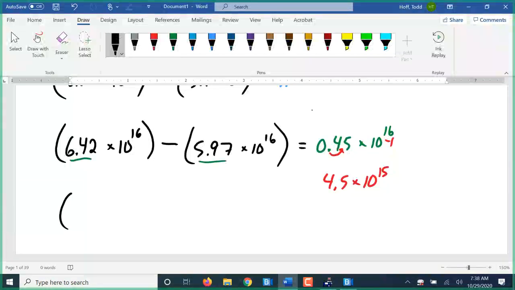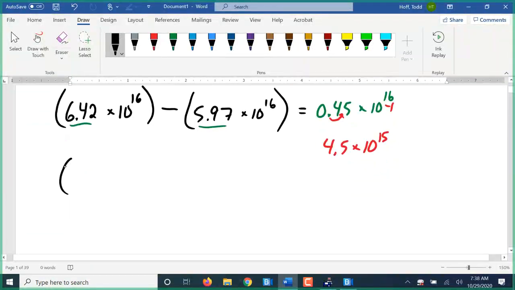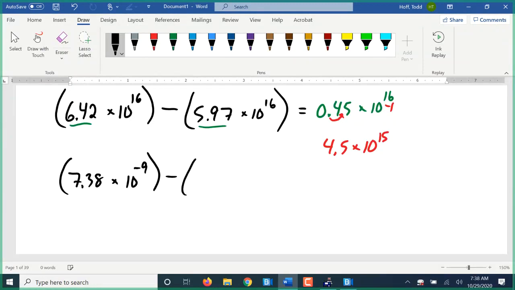Again, we need to be careful with negative powers. 7.38 times 10 to the negative 9th minus 6.92 times 10 to the negative 9th. We subtract the counts. 7.38 minus 6.92 is 0.46.